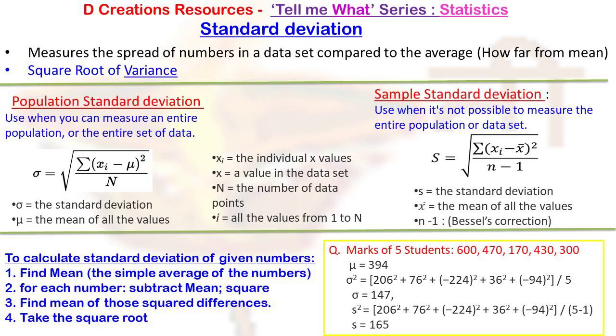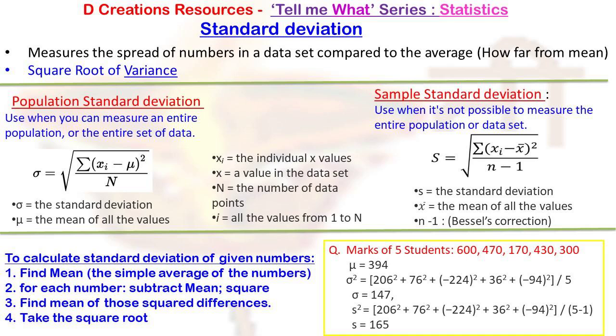Similarly, second student got 470 and that is 76 away. In other words, basically we are just doing the subtraction. So when it was 600, you just said 600 minus 394. So that gave you 206. Similarly, 470 minus 394, that gives you 76.